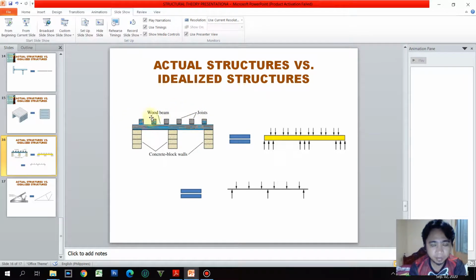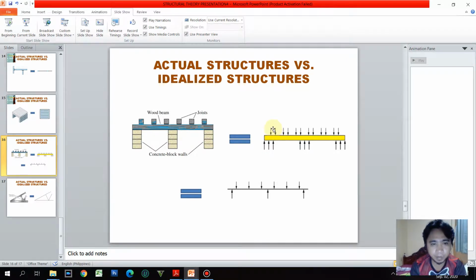Okay, of course, if we are going to apply a loading on the joist itself, it will be transmitted as a pressure on the concrete block walls that is directed oppositely to a downward force.